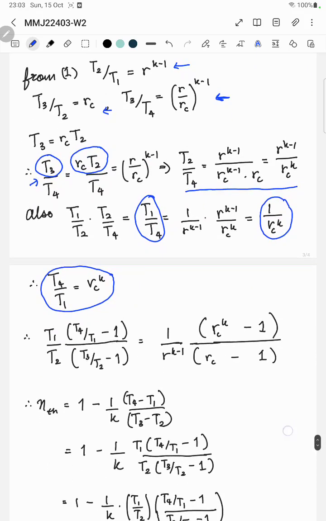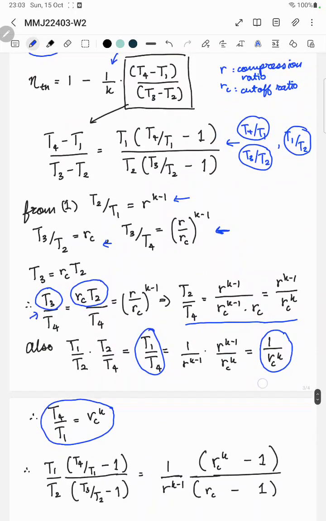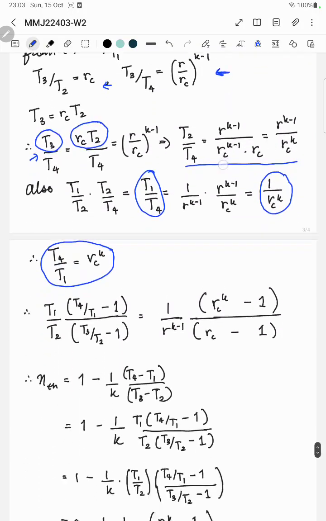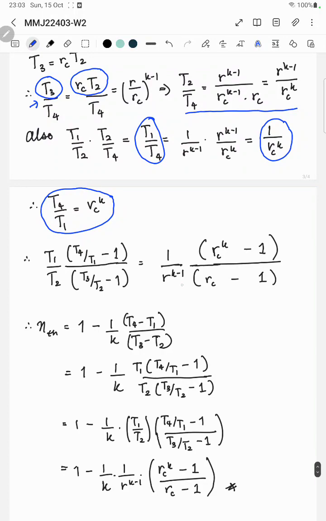And substituting every ratio into T4 minus T1 and T3 minus T2, you have the equation written completely in the form of compression and cutoff ratio.